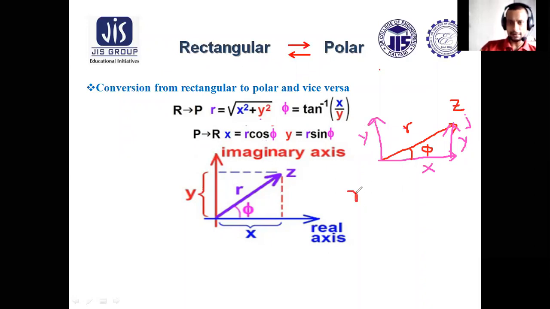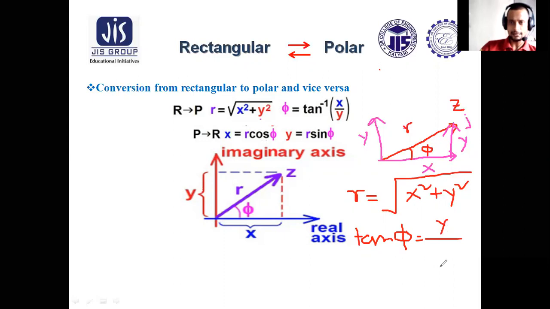So applying Pythagoras rule, what can we write? The resultant magnitude R equals under root x square plus y square, and for this right-angled triangle, we can write tan phi equals height by base. Height is y and base is x. Okay, so R angle phi is the polar form of representation.